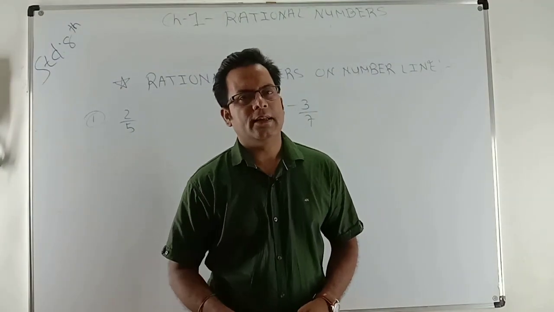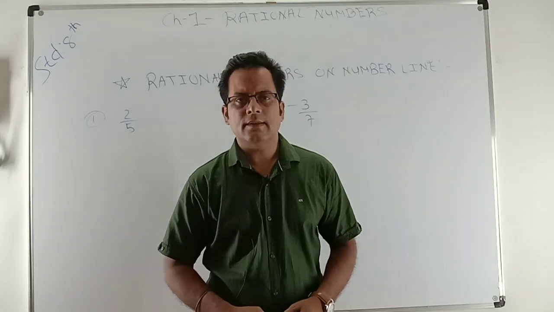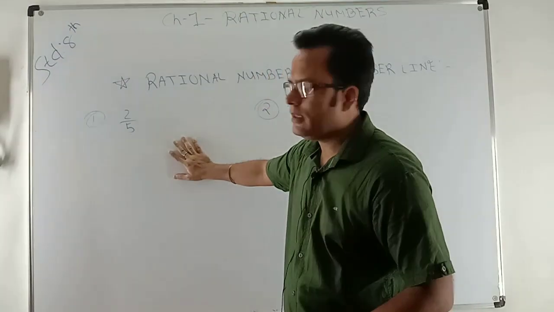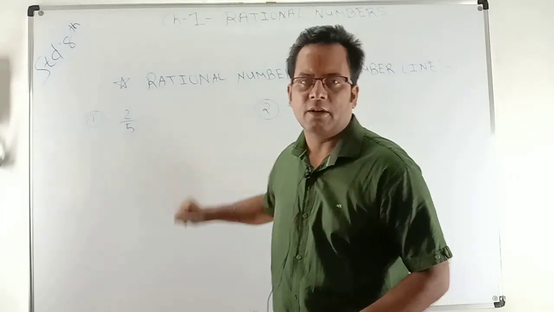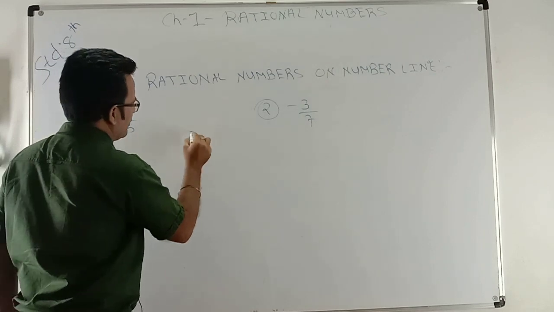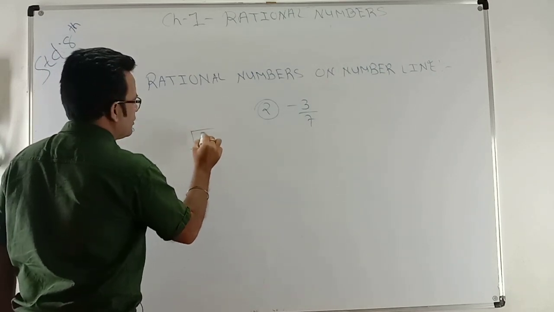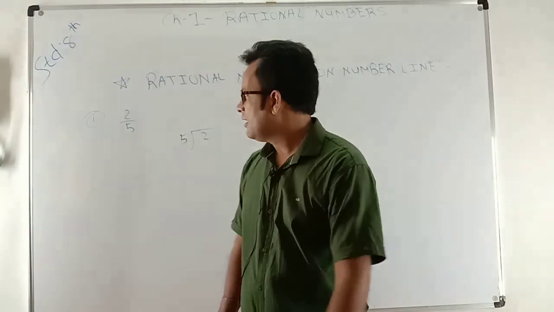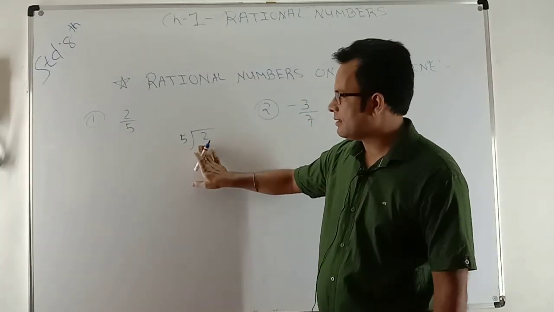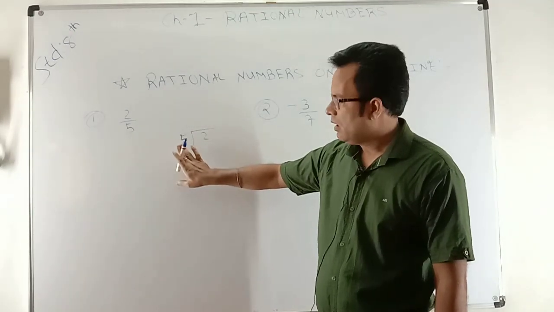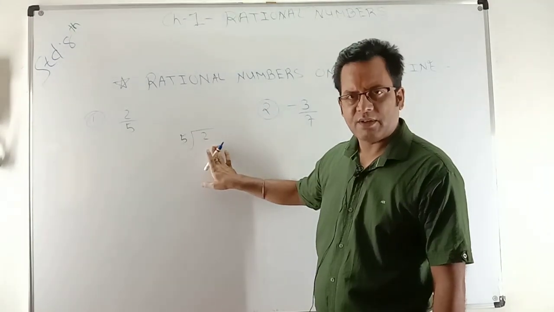You have to see that your given number lies between which 2 numbers. As you can see here, 2 upon 5 is given. So you have to divide your 2 by 5. Now you can see that here this is dividend, this is divisor. Divisor is bigger than dividend.